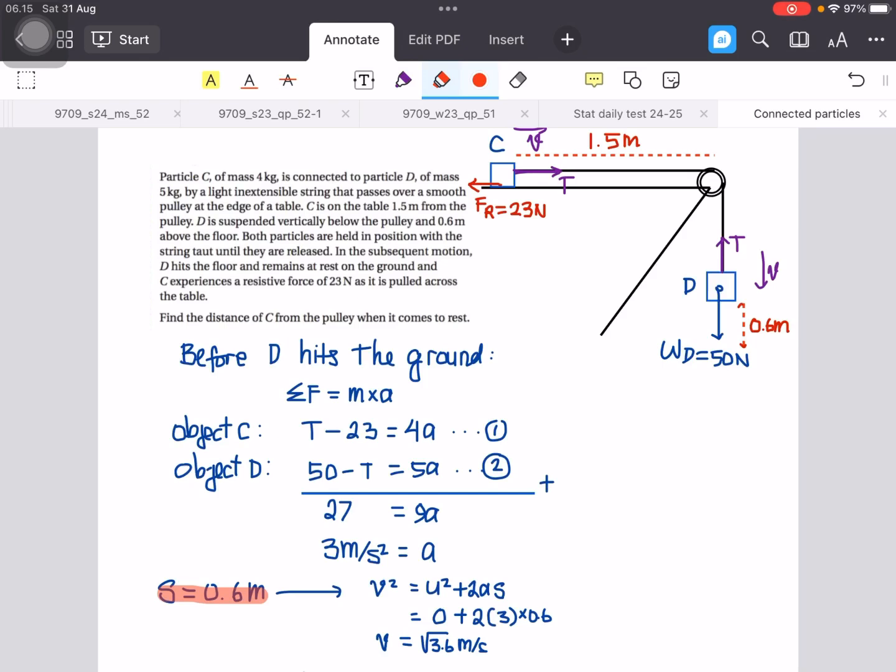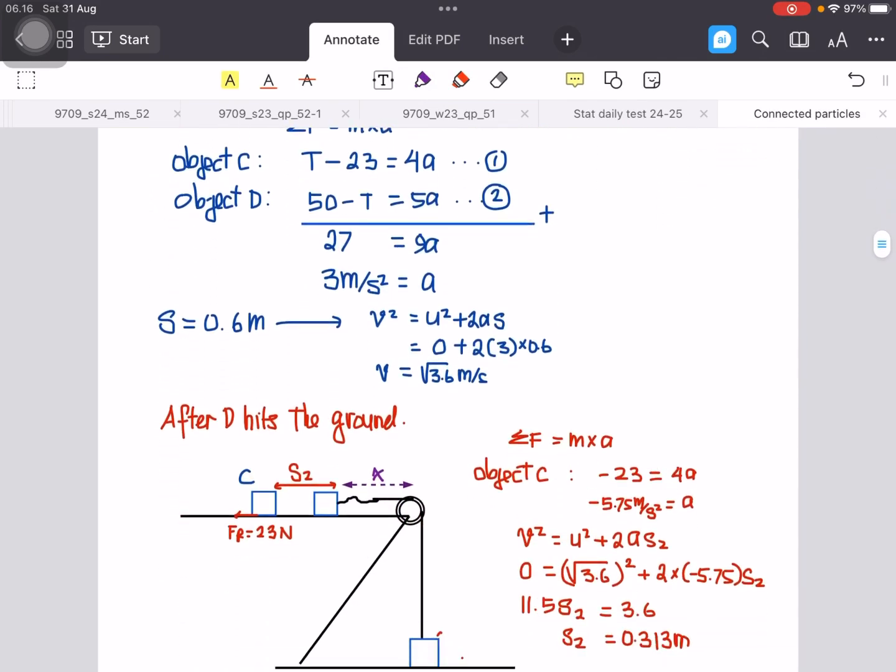So we use the kinematics formula V squared is equal to u squared plus 2as. So V squared is equal to 0 plus 2 times 3 times 0.6. V is equal to the square root of 3.6 meters per second. So just before D hits the ground, the speed of both C and D is the square root of 3.6 meters per second.